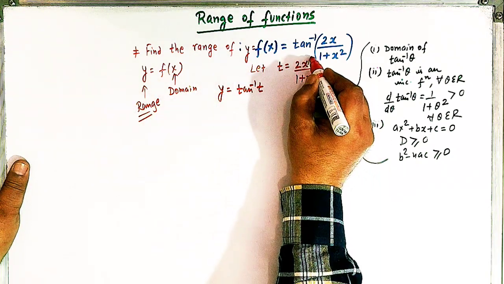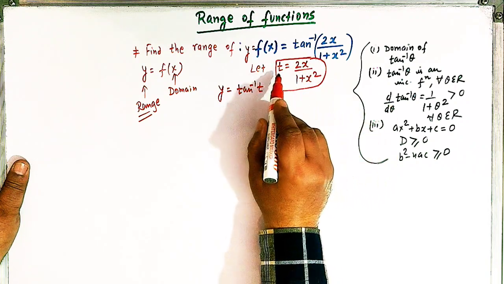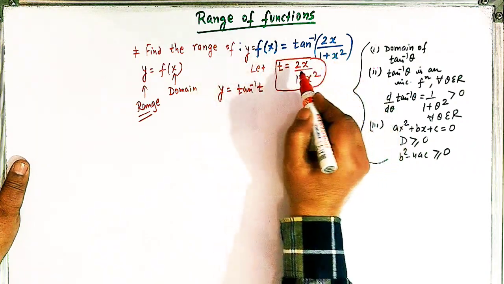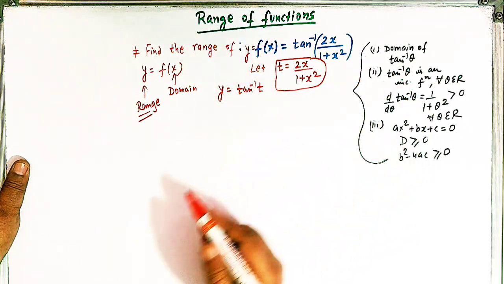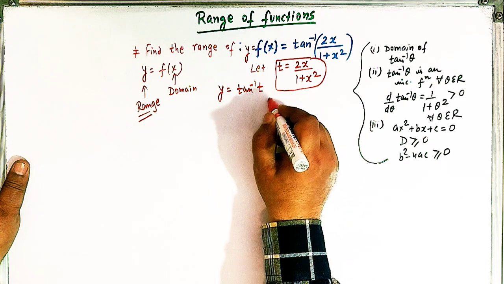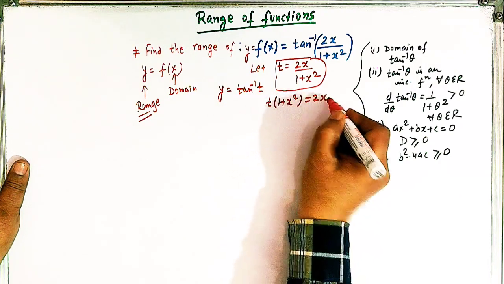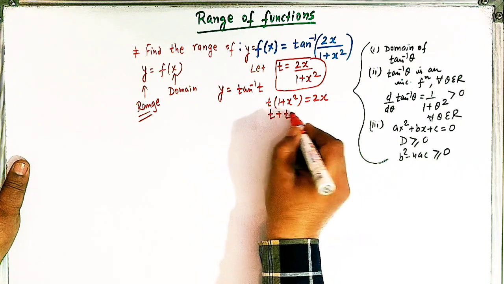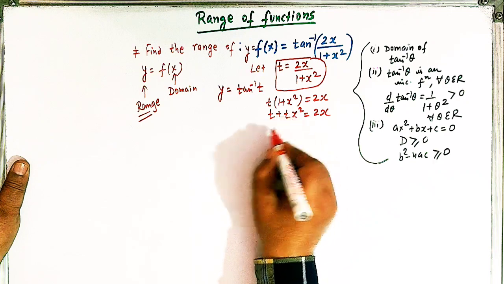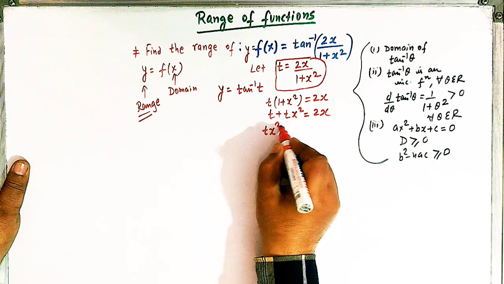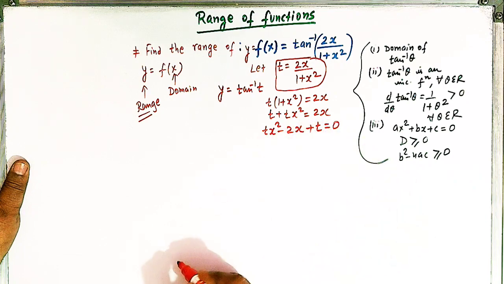Okay, so now we'll proceed from this expression, and let us get an equation in x as a quadratic equation. So we can now write t times 1 plus x square is equal to 2x. Then we have t plus tx square is equal to 2x. Now we have tx square minus 2x plus t is equal to 0, right?